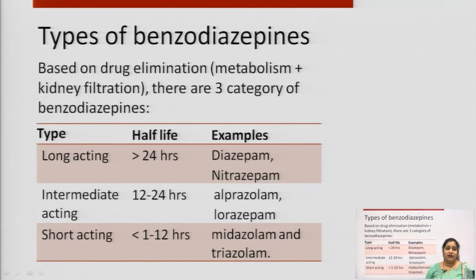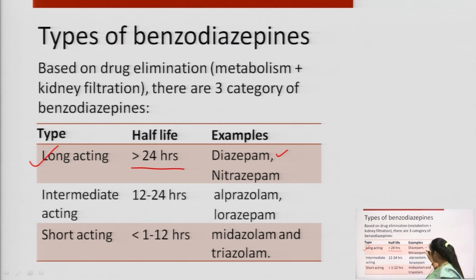Then there are different types of benzodiazepines. Some are long acting, depending on their half-life, depending on their drug elimination, which includes metabolism as well as kidney filtration. Long acting means the half-life is more than 24 hours, that stays for 1 day.